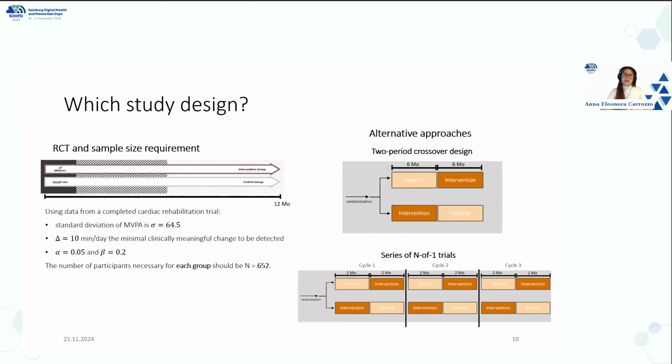Or alternatively, following a series of N-of-1 trials where subjects are randomized to a sequence of interventions, so Active Plan and standard care, or standard care and then Active Plan, and follow a 2-month period of exercise, and then repeat this period for 3 cycles.